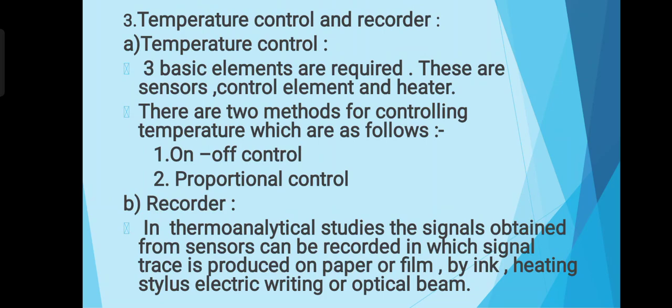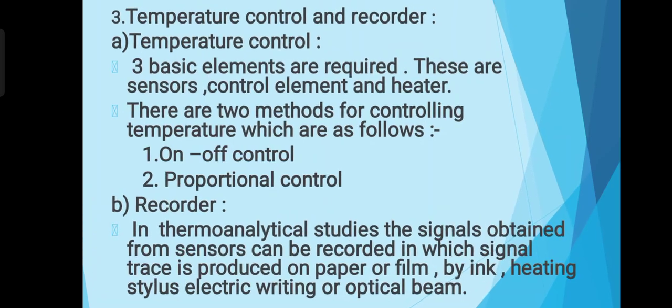There are two methods for controlling temperature: first one is on-off control and second one is proportional control. Then recorder. In thermoanalytical studies, the signal obtained from the sensor can be recorded on paper or film by ink, heating stylus, electric writing, or optical beam.